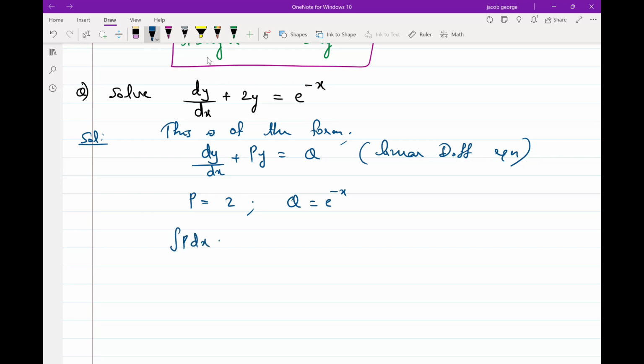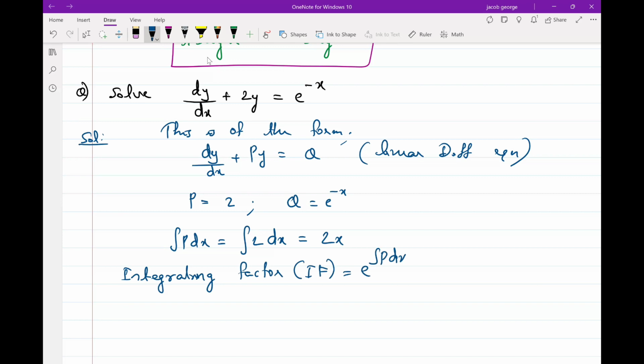Integral p dx is integral 2 dx, that is 2x. No need to write plus c here because we have further calculation. Now e raised to integral p dx is equal to e raised to 2x. Integrating factor is e raised to 2x.